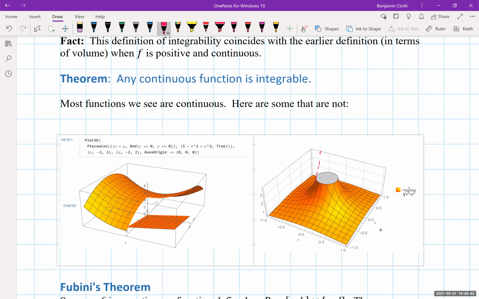MATLAB wouldn't show me the whole thing because the graph blows up to infinity right at the origin. In the case on the right, the function is discontinuous at a single point. In the case on the left, it's discontinuous at a whole set of points, all along this boundary.